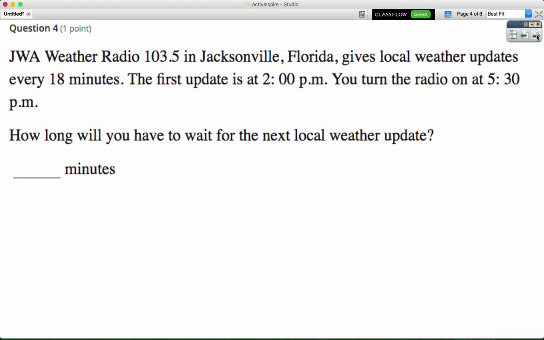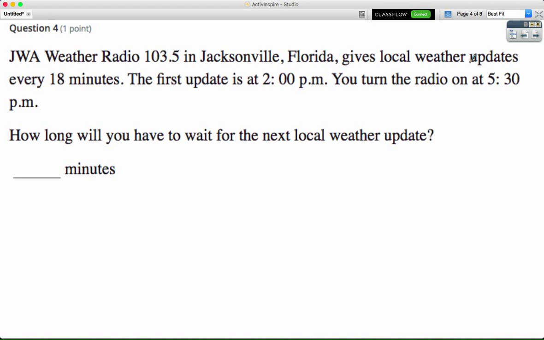Okay, so this one is technically able to be modeled by an arithmetic sequence, but I'm willing to bet that many of you probably just tried it a different way, and that's totally fine. For example, when I first think of this problem, I'm just trying to think how many minutes passed already from 2 o'clock to 5:30.